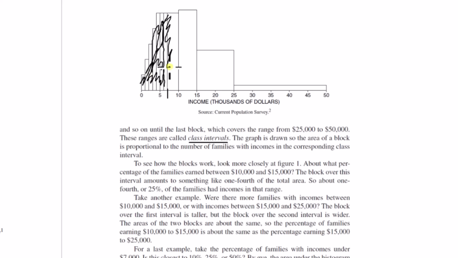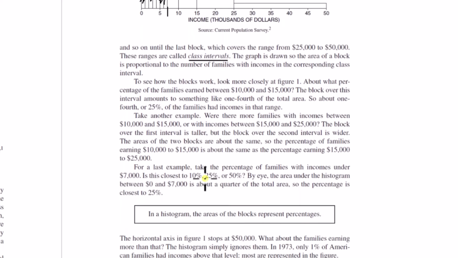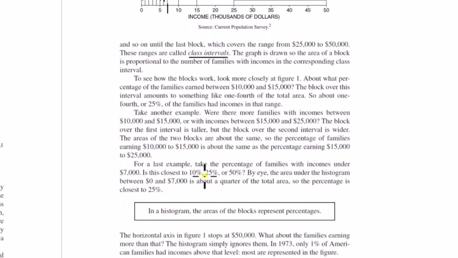Maybe all of this is closer to 50%. This looks more in the 30% range. Between these three, I would choose 25%. The area under the histogram between $0 and $7,000 is about 1/4 of the total area. So the percentage is closest to 25%.